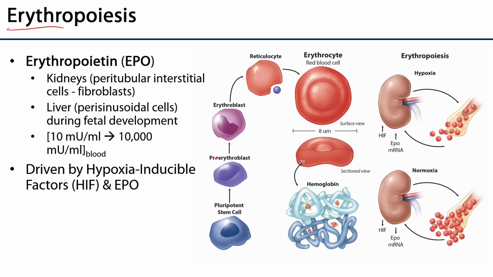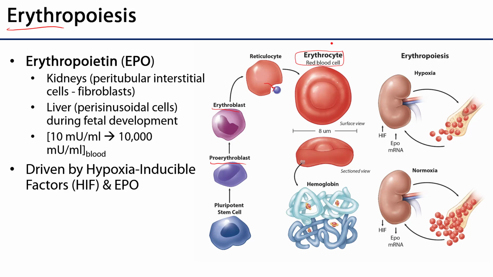There is further development into a proerythroblast and then an erythroblast. And then the nucleus is ejected and it becomes a reticulocyte, eventually an erythrocyte. There are far more details than this. We're just painting with very, very broad strokes here.